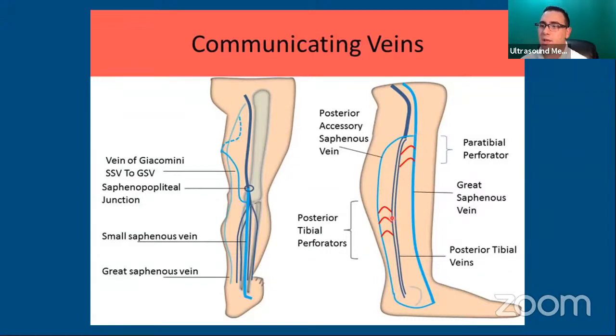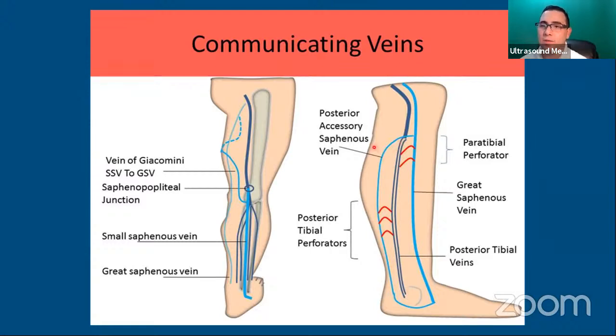And also take a look at these perforators in here. There will be perforators connecting the posterior tibial veins to these posterior arch veins, this one right here, and perforators connecting the great saphenous vein to those posterior tibial veins that belong to the deep system, like I said before. So that's one.